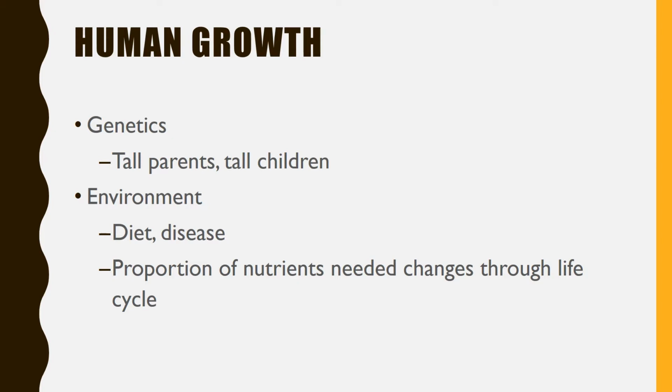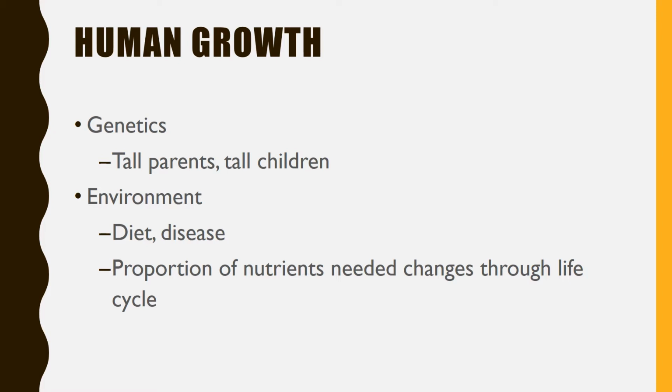There's also an environmental factor that plays a role in human growth. Things like diet and disease can have major impacts on growth and can cause deviations from the expected pattern. Proper nutrition is critical in determining if a person reaches their genetic potential for growth. The proportion of nutrients needed for proper growth changes throughout our life.